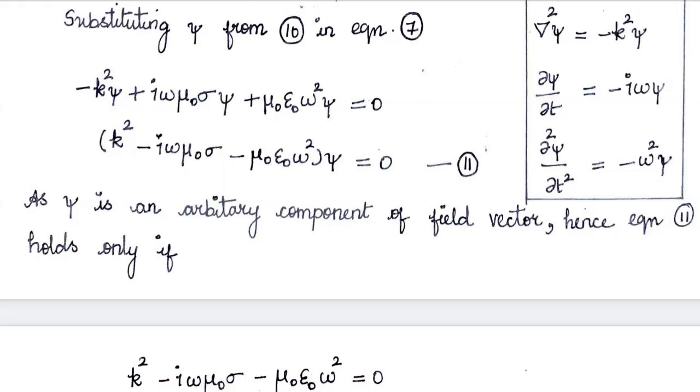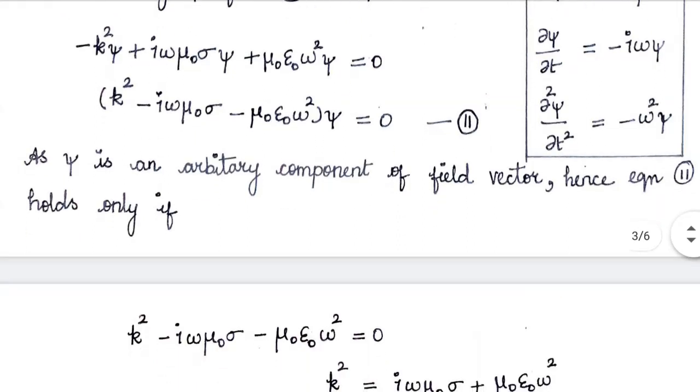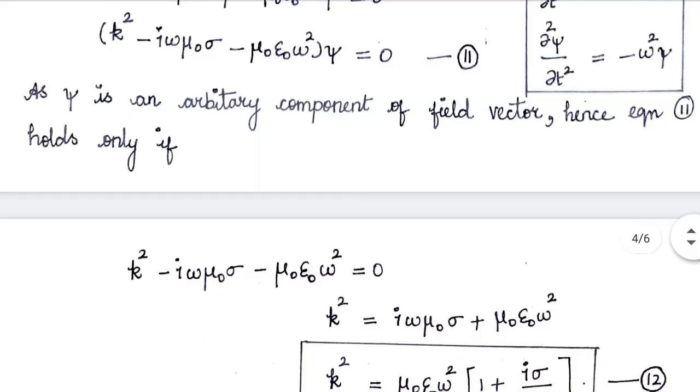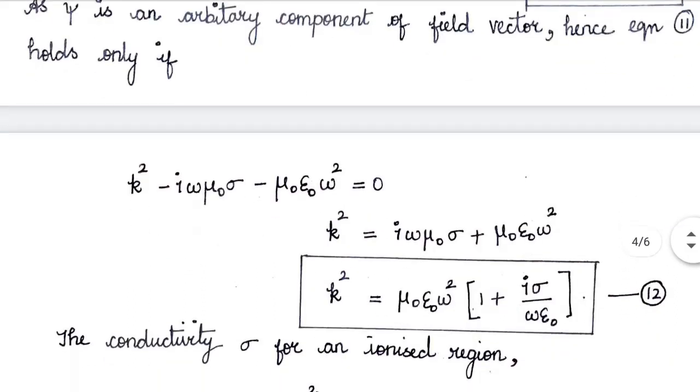So the bracketed term must go to 0. So what is in the bracket? k square minus i omega mu naught sigma minus mu naught epsilon naught omega square equal to 0. Keep k square on one side and bring all the other terms to the other side. We get k square equal to i omega mu naught sigma plus mu naught epsilon naught omega square.